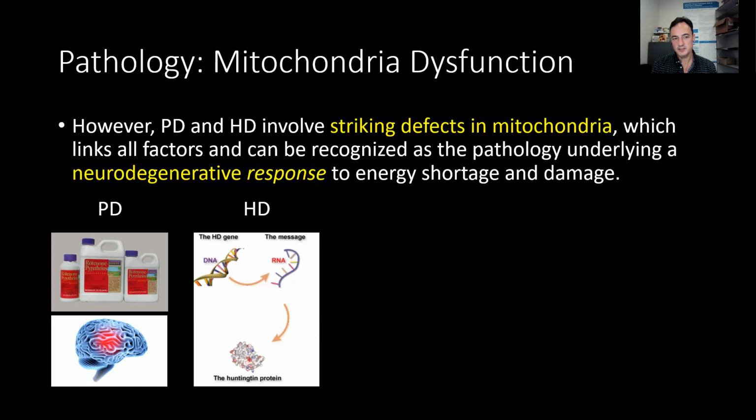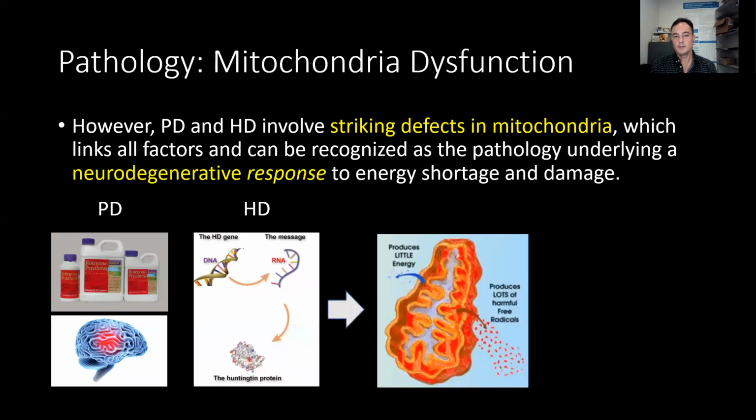So Parkinson's and Huntington's, we can see as still, the former largely being triggered by environmental factors, Huntington's by the genetic factor. And both of those things, the environmental factors that affect Parkinson's, are known to induce mitochondria damage and dysfunction. And like I said before, the Huntington protein is involved in a vast array of metabolic processes, including the mitochondria.